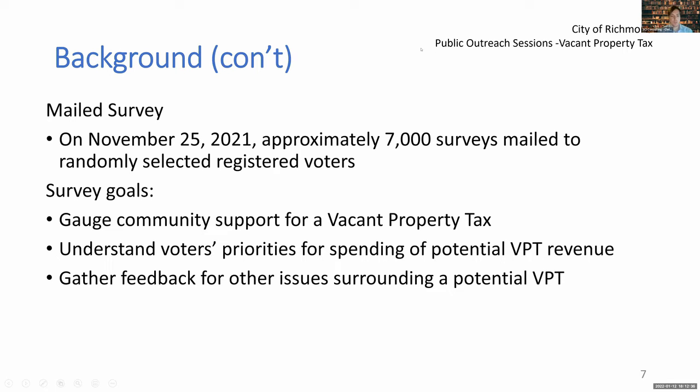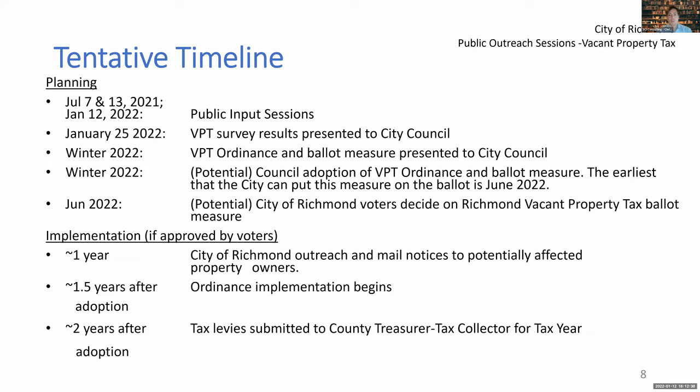One of the great things about this opportunity is that the feedback that the city gathers through this process is going to ultimately impact any kind of a vacant property tax ordinance, which will include all sorts of things like exemptions and potential spending revenue.